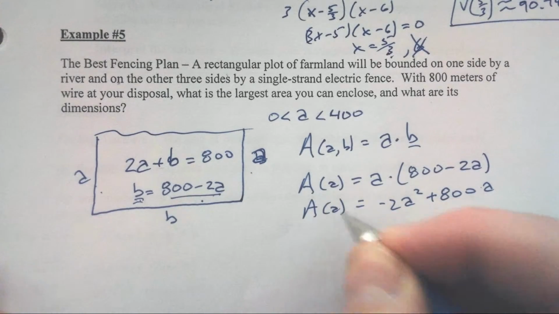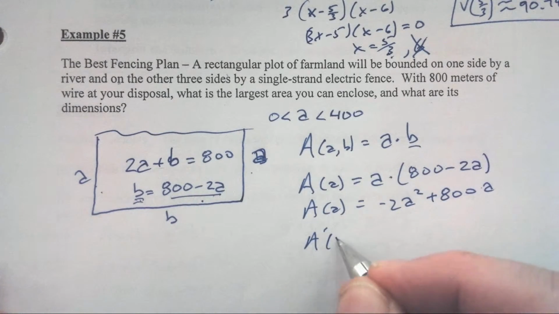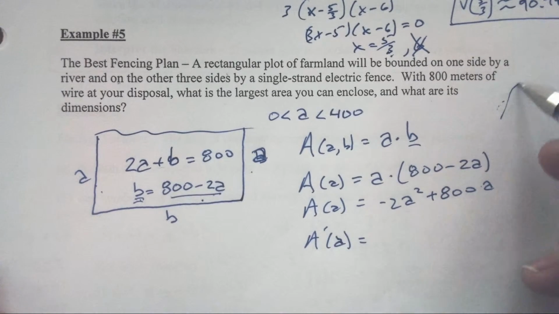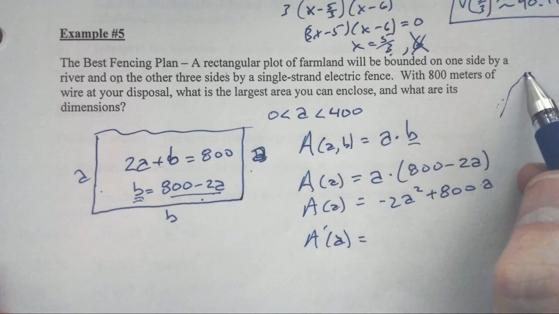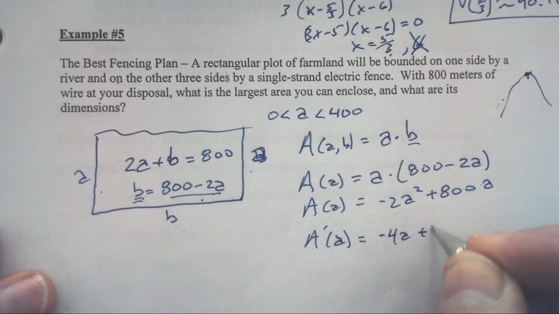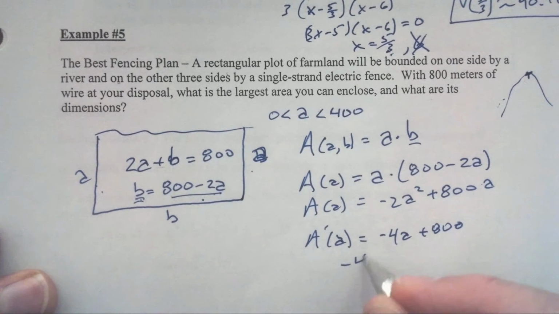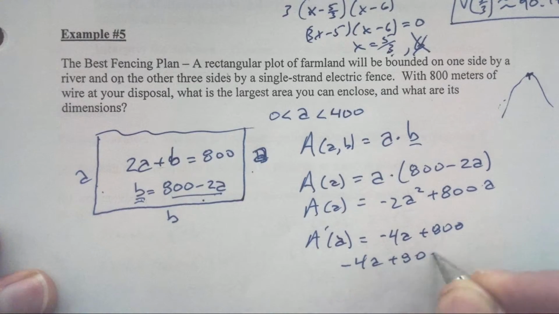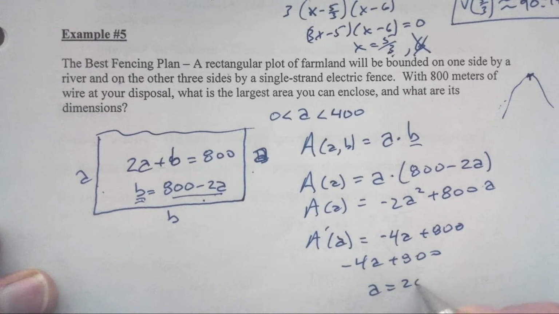Area based on A. Let's find its derivative. We know this is an upside down parabola, so a quick interpretation, we'd be maximizing at the vertex. So that is negative 4A plus 800. If we set that equal to 0, we quickly get A is 200.